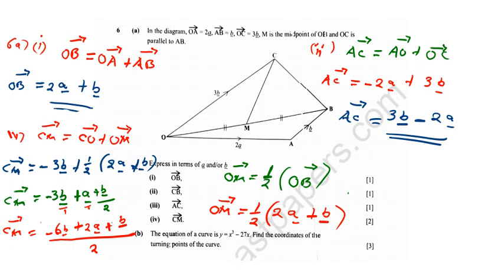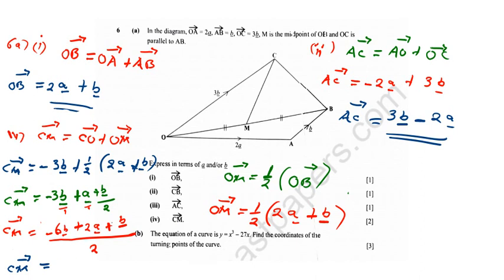So we can simplify. So simplifying, we have CM vector is equal to negative 6B vector plus 2A vector. First let's collect the like terms.